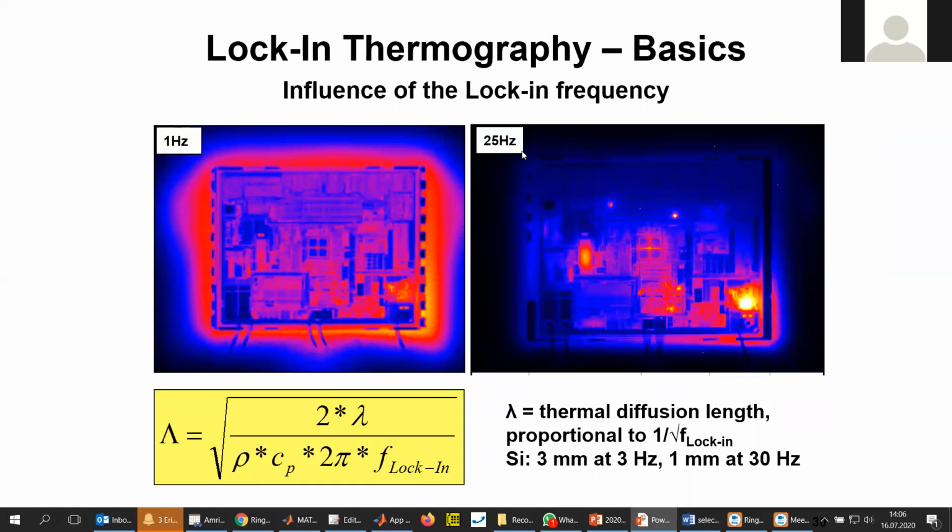And also, we do not allow the thermal energy to spread as far as it is possible at a lower frequency. The effect that's observed here is thermal spreading, and this is related to the thermal diffusion length, which depends on the material and the excitation properties, and of course the wavelength.